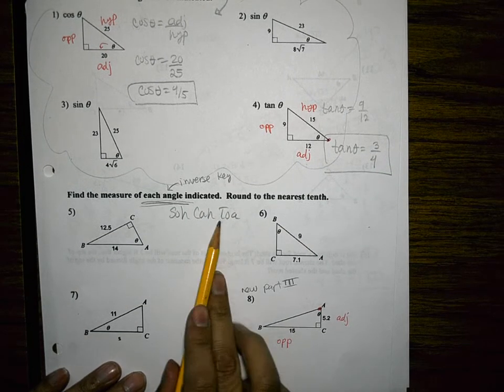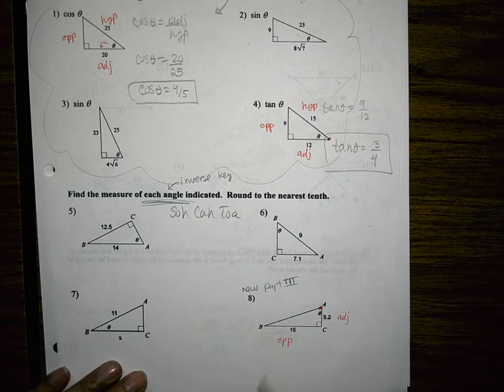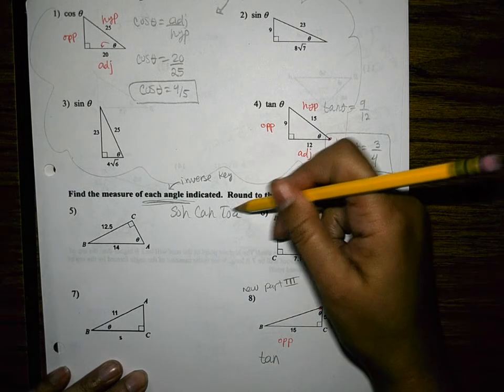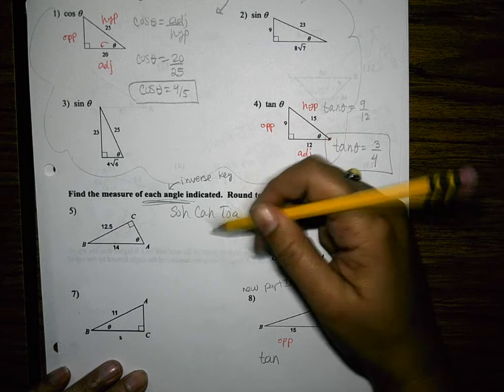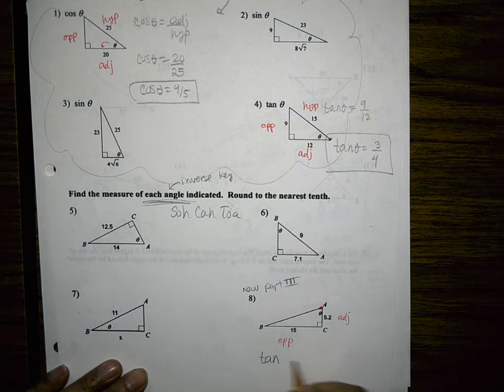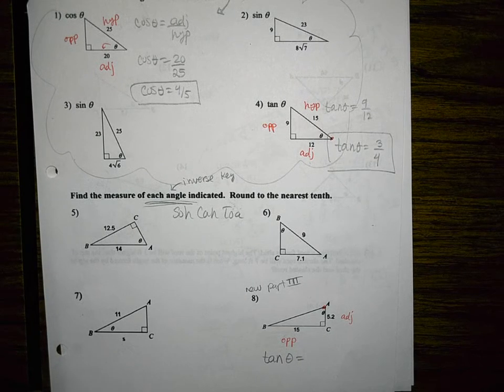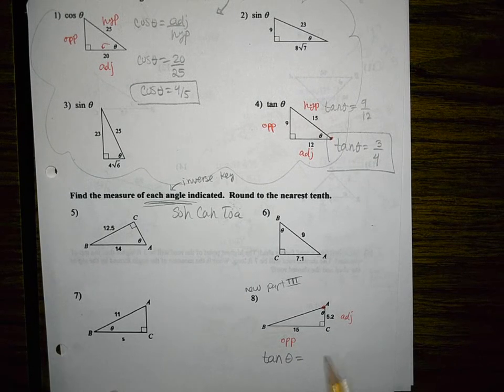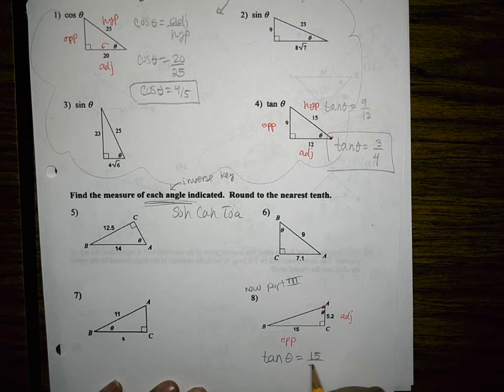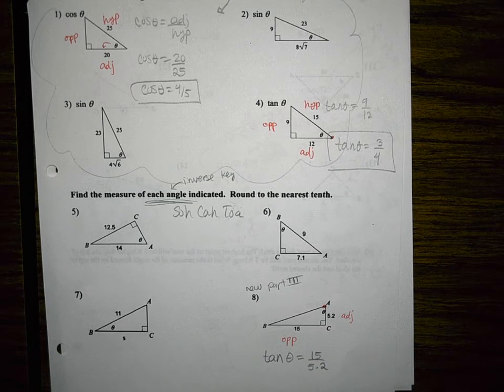So tangent is the function I'm using. Why? Because tangent is the only one that has opposite and adjacent and no hypotenuse. Okay, of the unknown angle, we don't know what the angle is because that's what we're looking for, equals opposite over adjacent. And as I keep stating before, if your angle is what you don't know, you're going to use your inverse key.